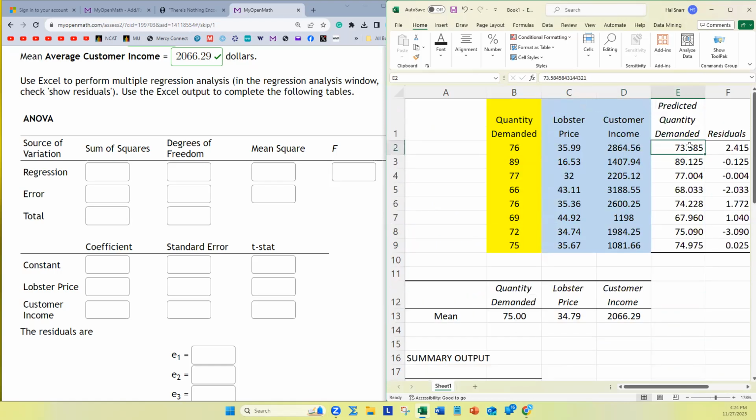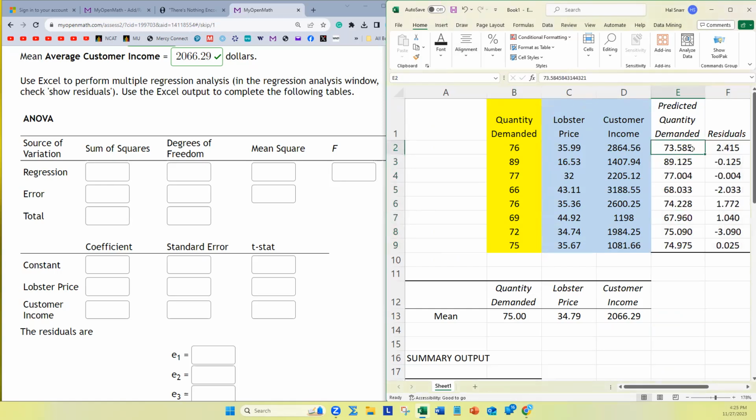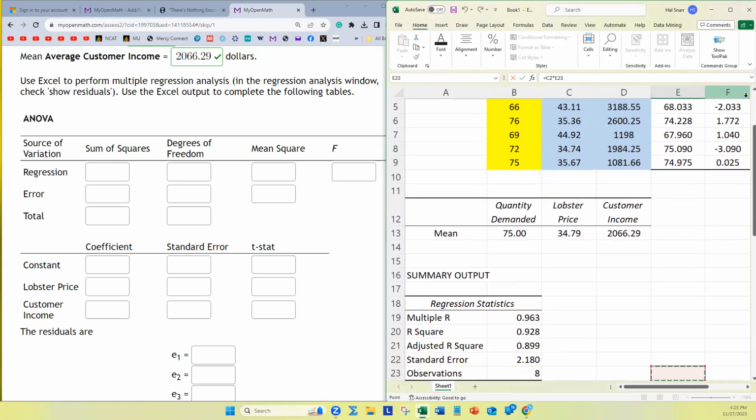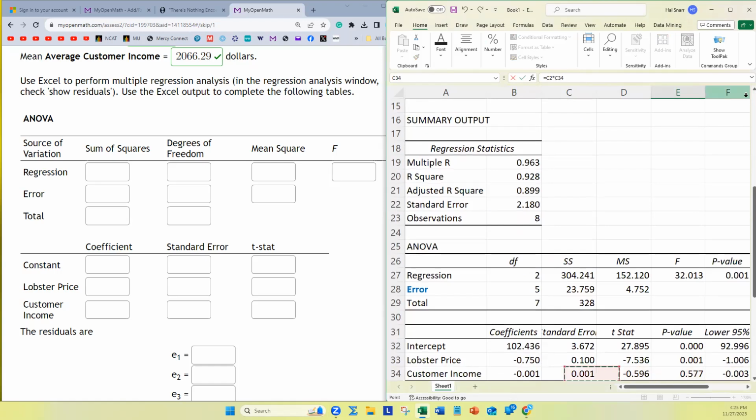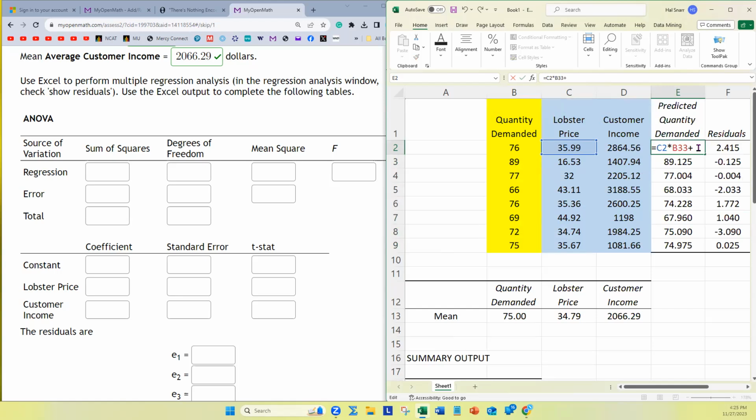Now, how do we come up with these numbers here? Real quick, let's just do one of them. I'm going to take lobster price. I'm going to multiply it by the slope coefficient for lobster price. Then I'm going to add that to, I'm going to multiply this customer income.